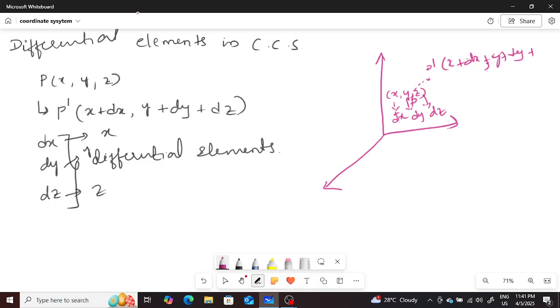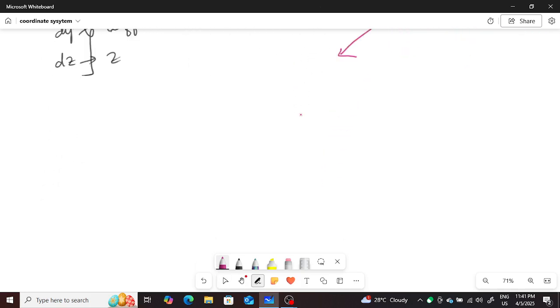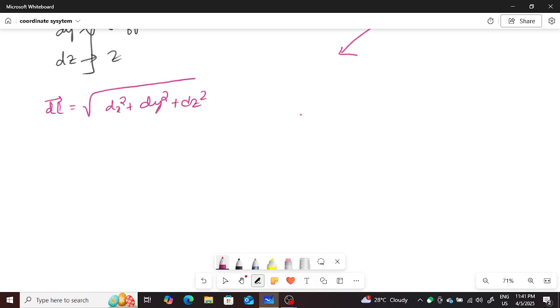Try to visualize. The vector joining the previous point and the new point is the differential vector, and the length of such a differential vector is represented as dl. The differential length can be given as the square root of dx square plus dy square plus dz square.